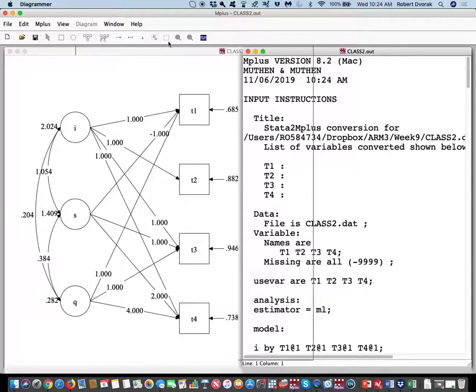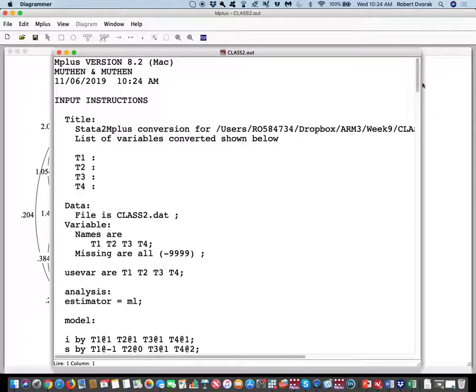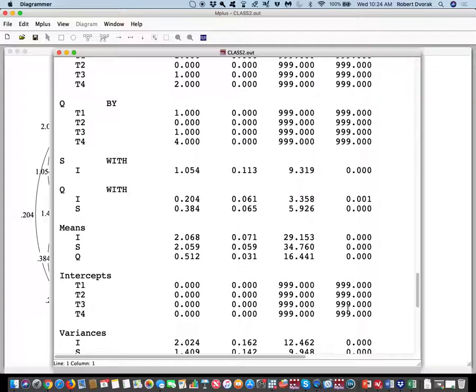Who wants to grab their calculator and tell me? Time point 3, the intercept should be what?